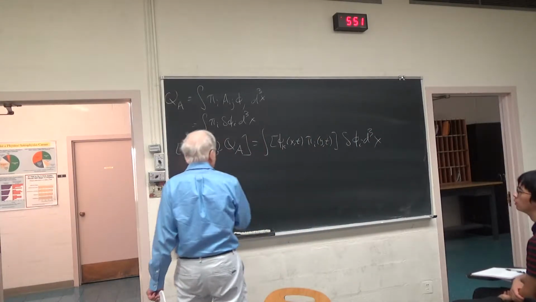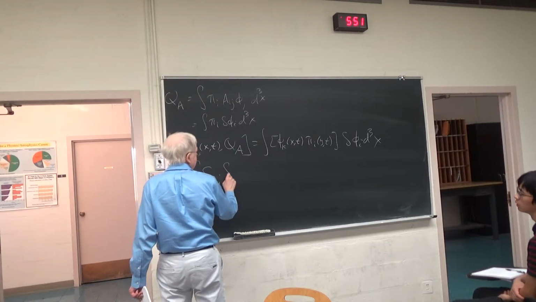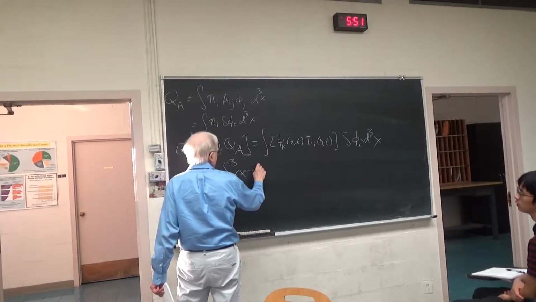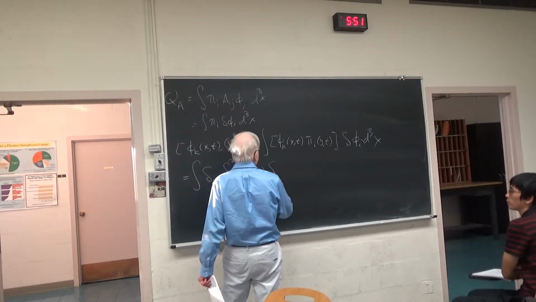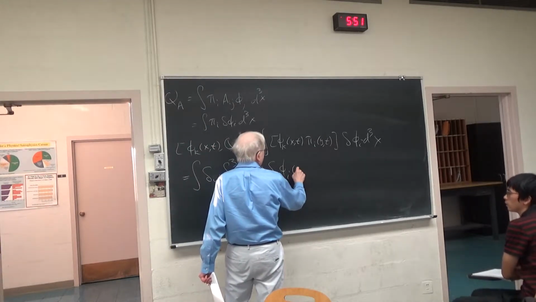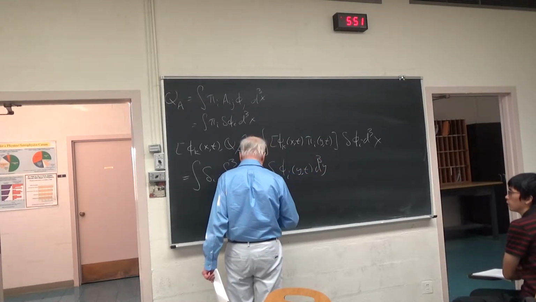This, by the commutation relations, is an integral of delta_ij delta cubed of x minus y, and then we have delta phi of y and t, d cubed y, and this was a y, not an x.